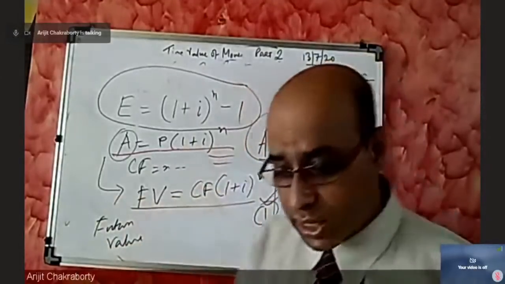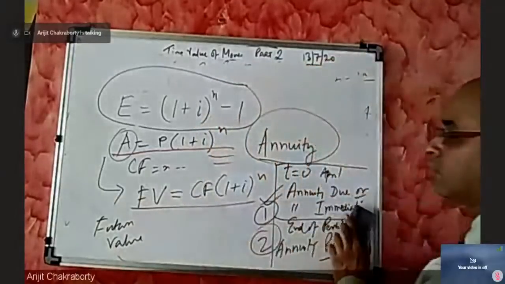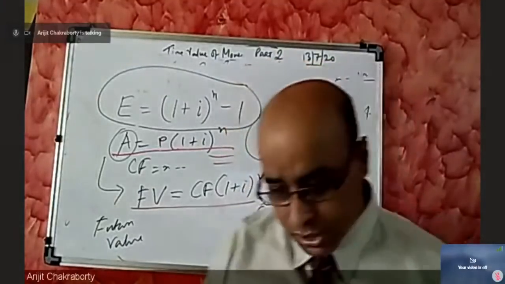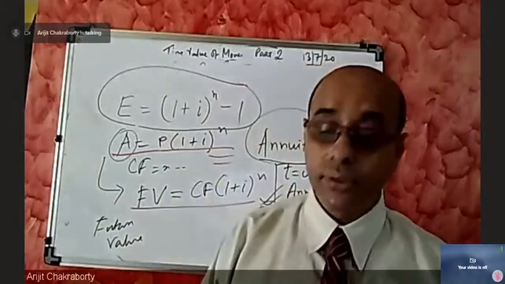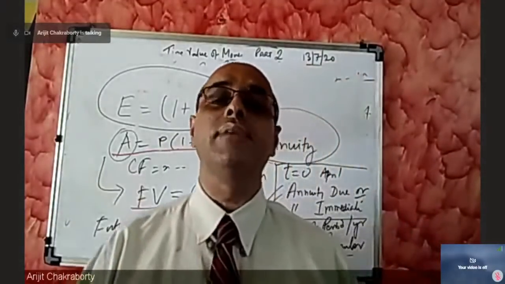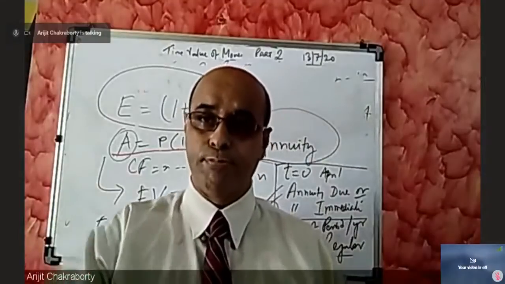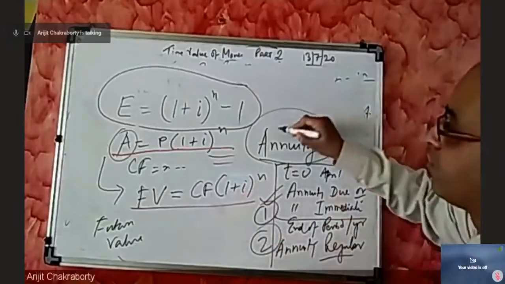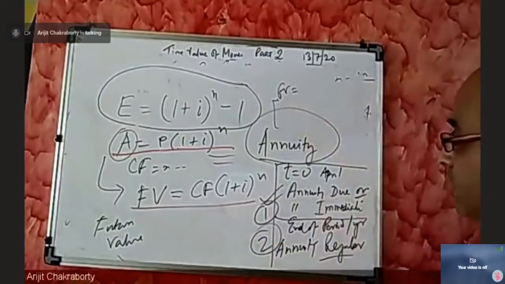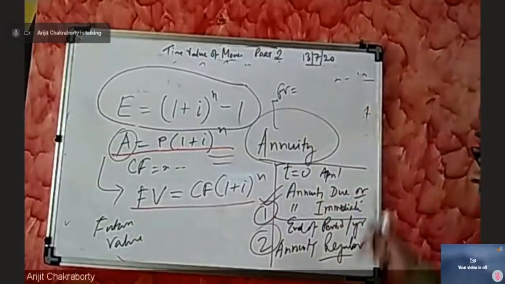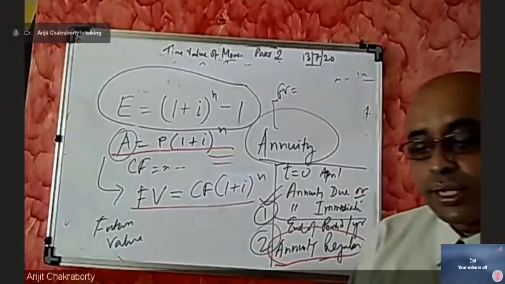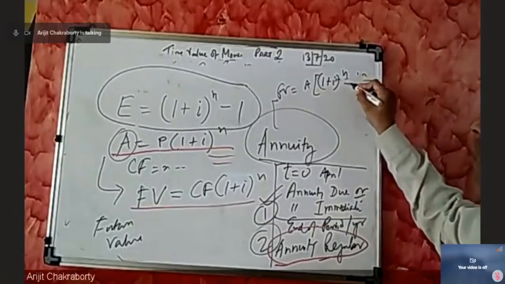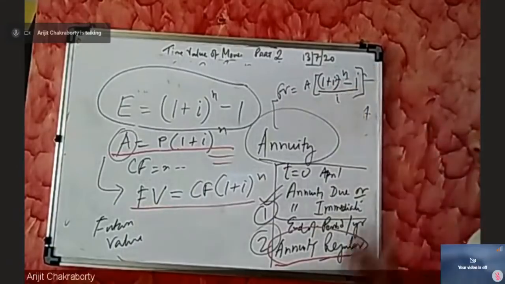So for this annuity, 2 more formulas. You have seen what is annuity regular, and we have understood what is annuity immediate or annuity due. Now for annuity regular, the first payment will be received at the end of every period. Now the formula for the future value of the annuity, for annuity regular, I'm doing annuity regular first, is A[(1 + i)^n - 1]/i.